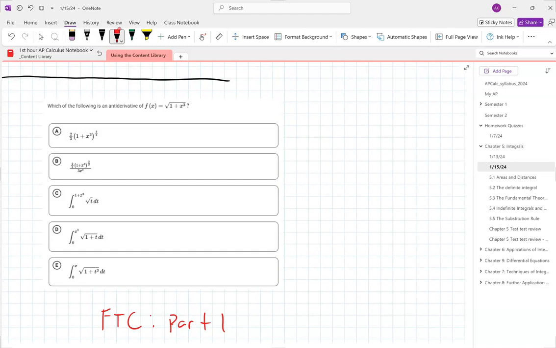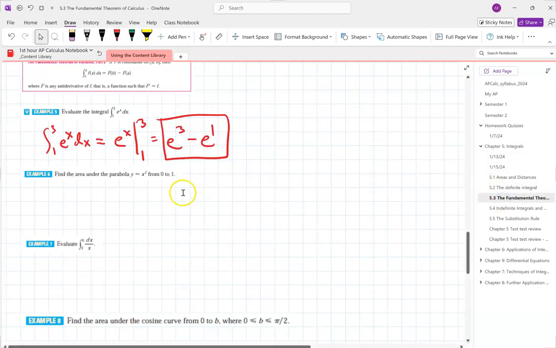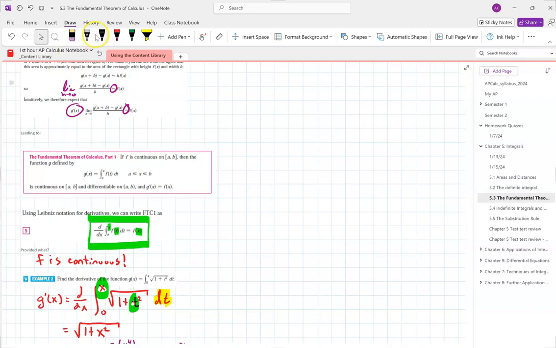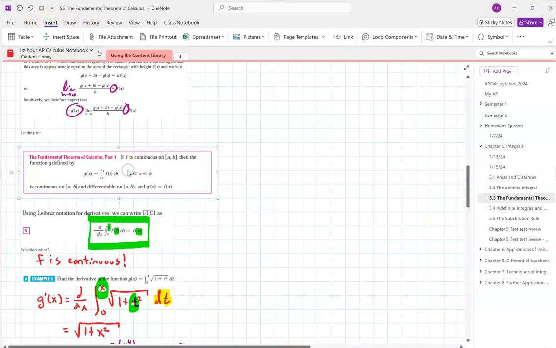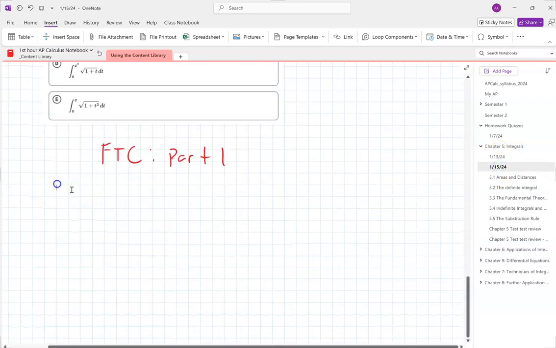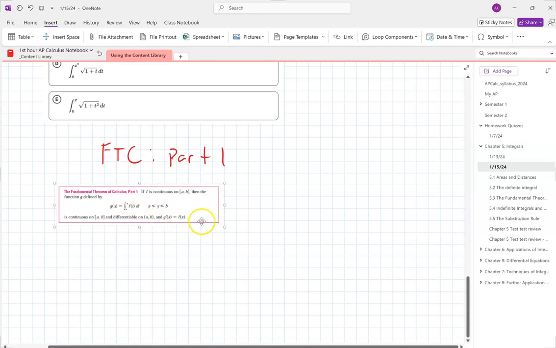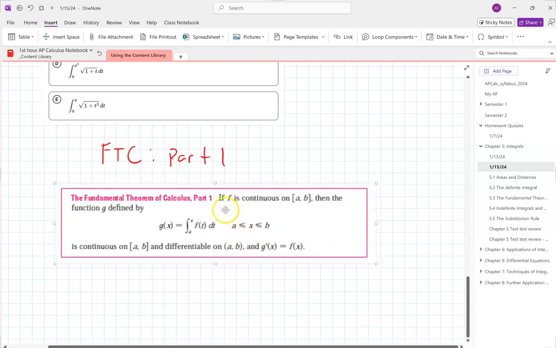part 1, let's just go back and toss that in here real quick so I can show you why it's that. Let me just grab it. So it says if f is a continuous function on [a, b], then g defined by g of x equals this integral is continuous and differentiable, and the derivative of g is f. So it tells us that g is an antiderivative of f, right?